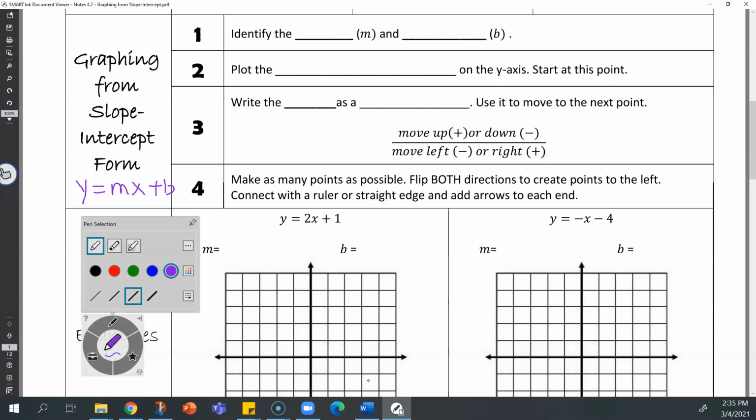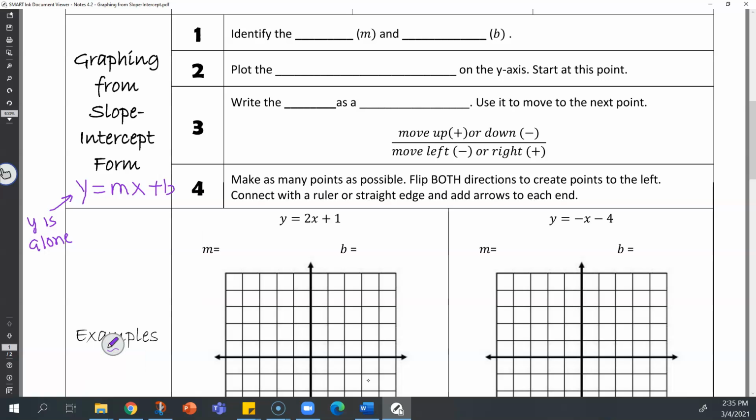If y is not by itself, I cannot follow this process. The ones that we're going to encounter in this class all have y by itself, but that's not always the case, so it's important to check that before we get started on our graphing.